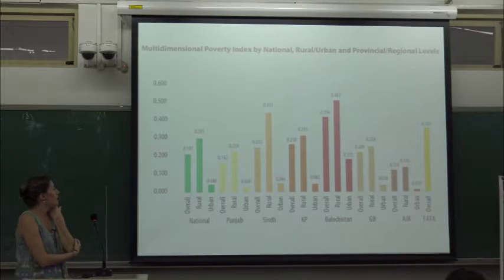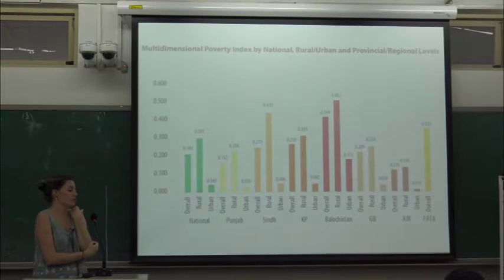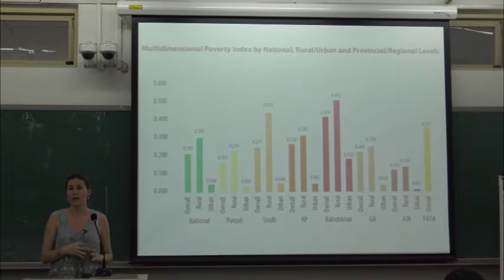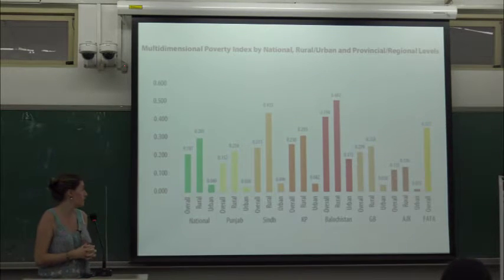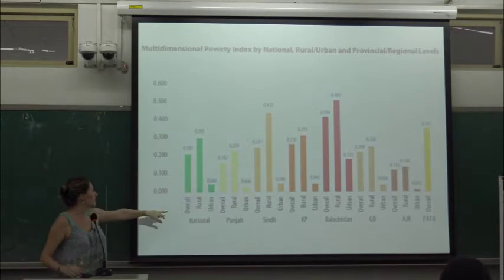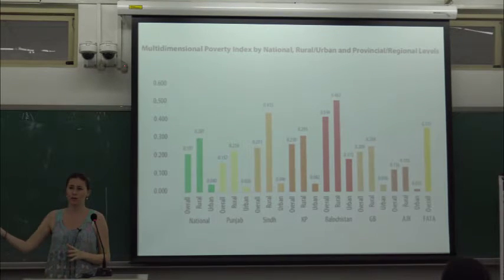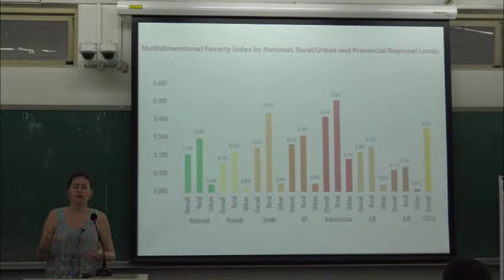Now, this is a way to get a sense of how figures are very different when we consider regional estimates. Pakistan is a country that is characterized by huge disparities by areas, urban and rural areas, but also by regions within the country. So as you can see at the national level, rural areas have a much higher MPI, and they also have a much higher headcount of poverty than urban areas.